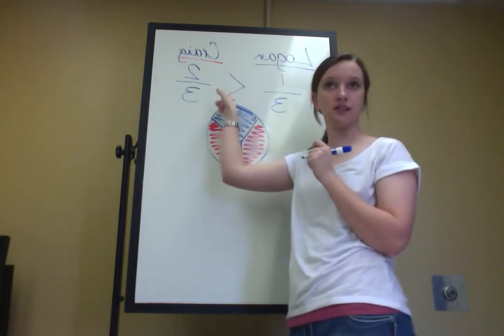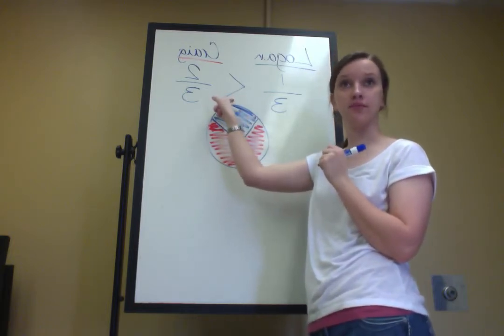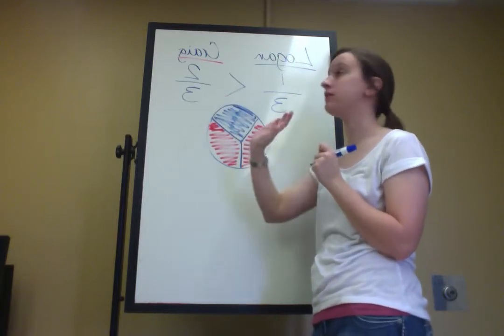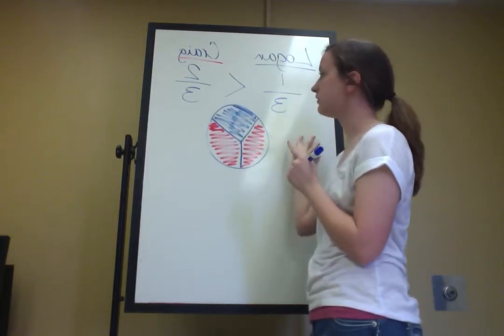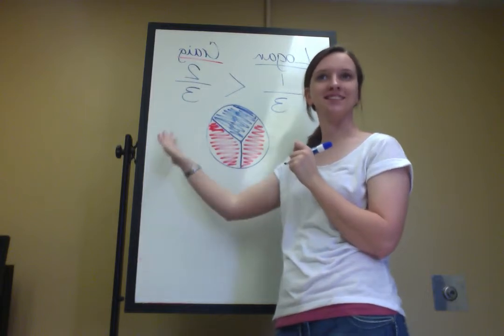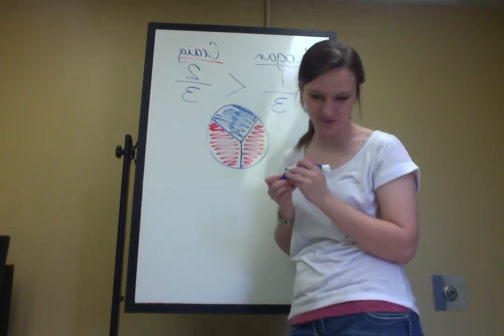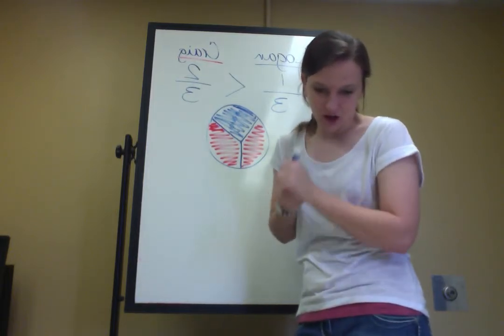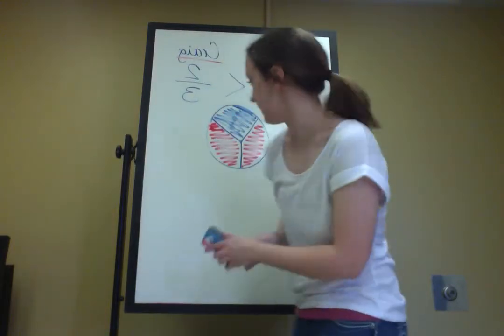So what symbol is this? Is this greater than or less than? This is less than. You read it from left to right. So 1/3 is less than 2/3, right? Okay. All right, let's do another example.